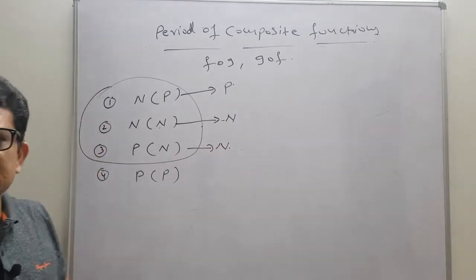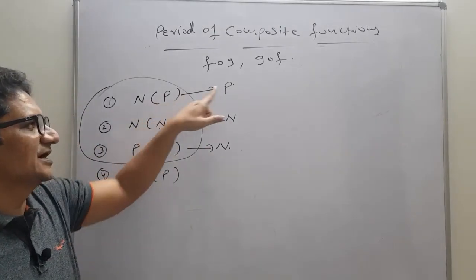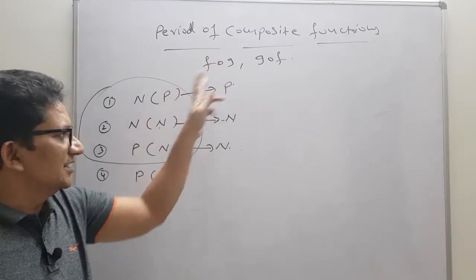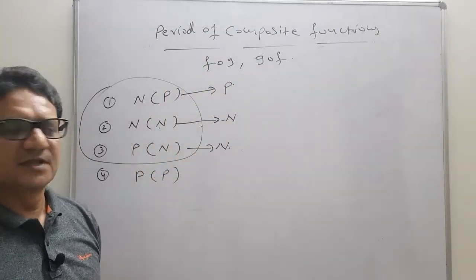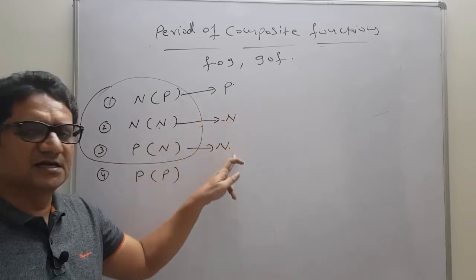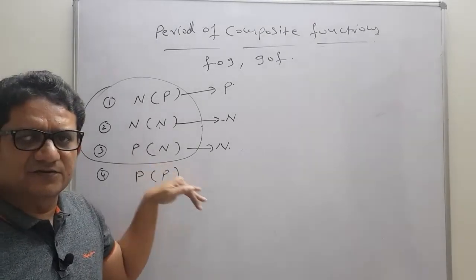So in these 3 cases we can notice one point: if the inside function is periodic, then only the result is periodic, and its period only will come as the fundamental period. In the remaining cases, if the inside function fails, then it also fails. This case is a little special, which I will explain.